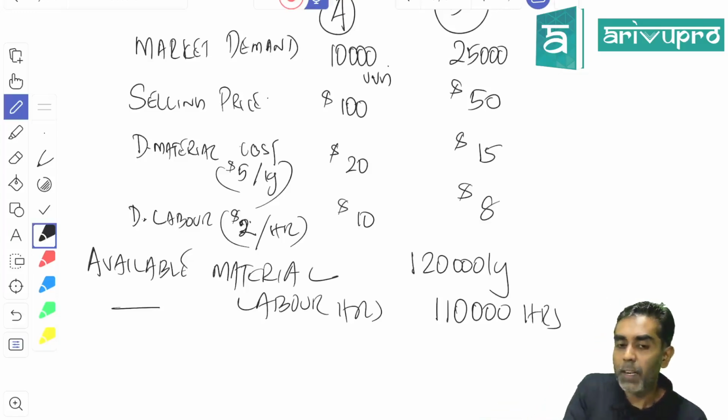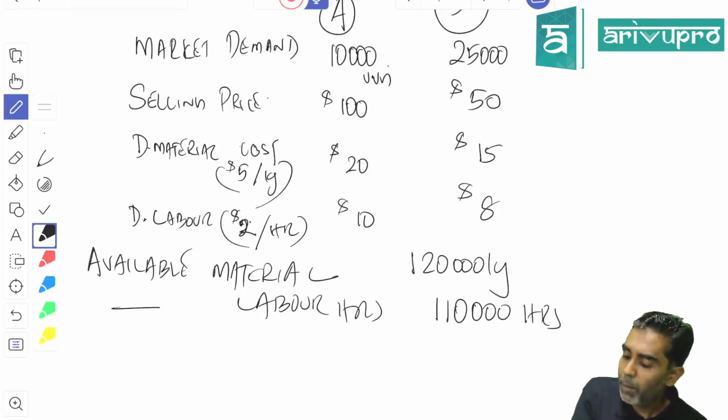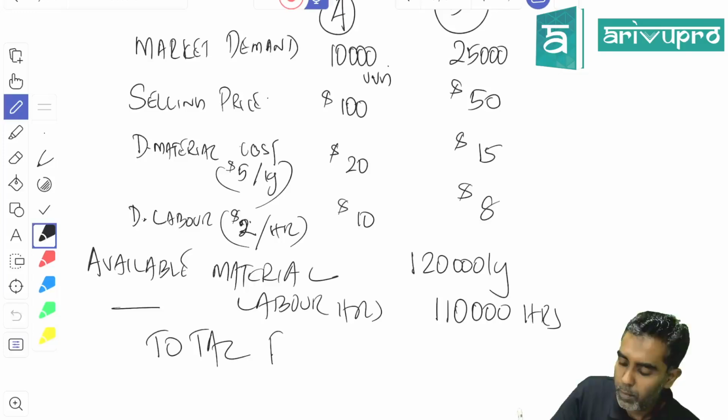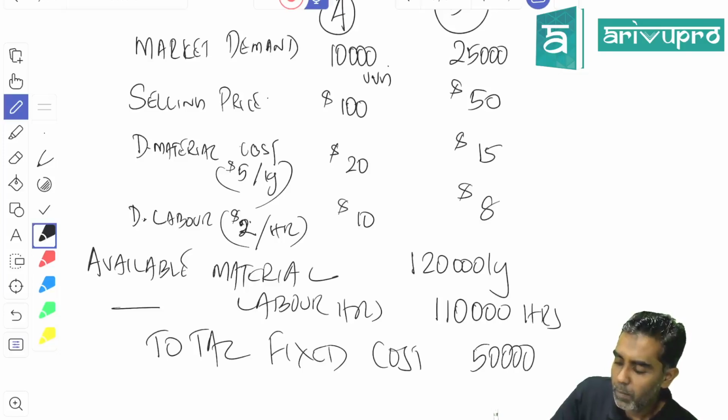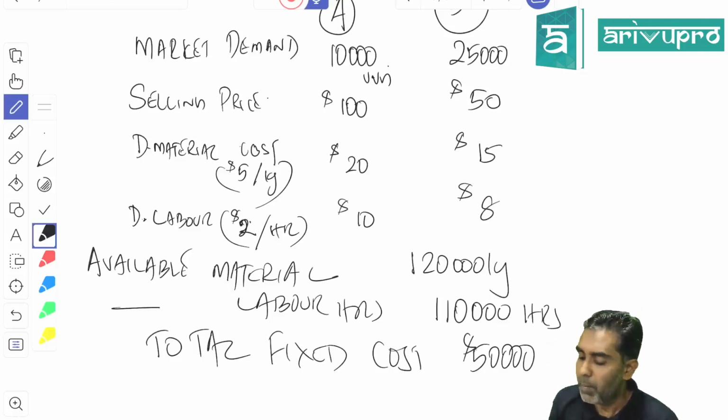Available material 120,000 kilograms. Available labor was 110,000 hours.